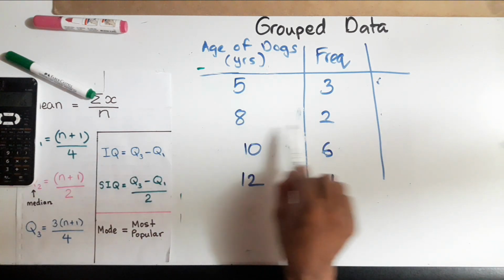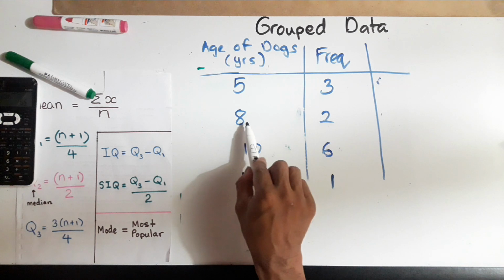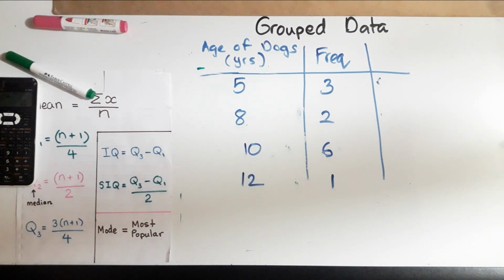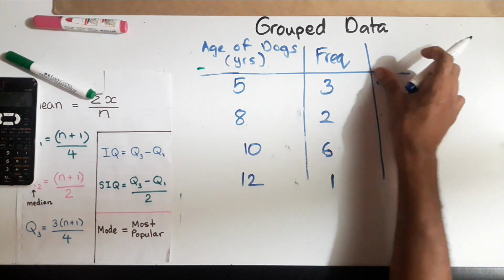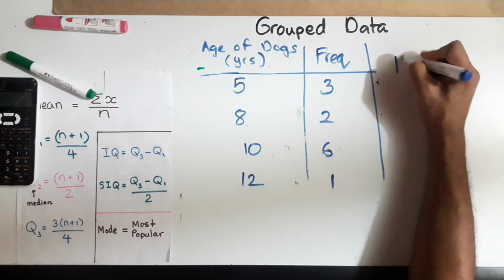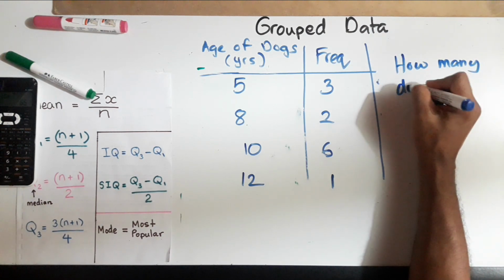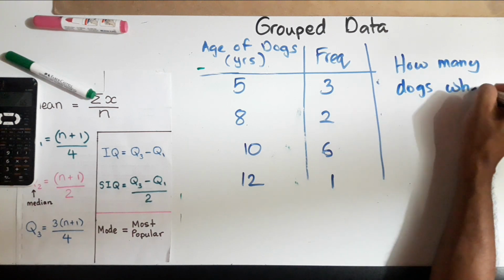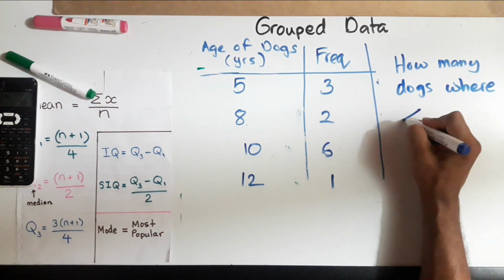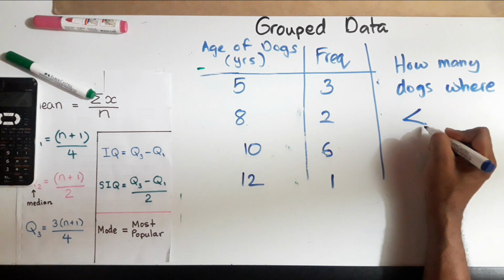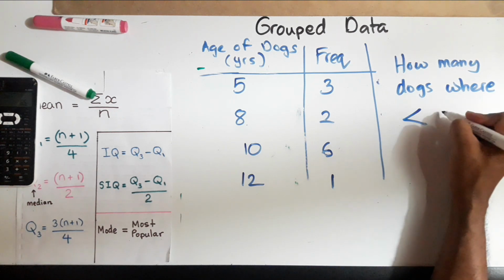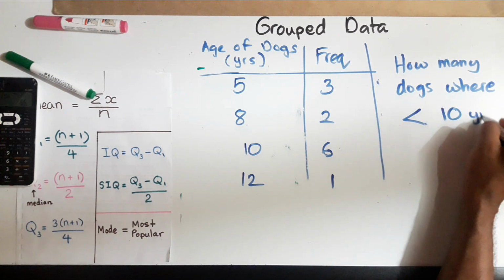So 2 dogs were 8 years old. If they ask you, how many dogs were less than, remember this is the symbol for less than, right? Less than 10 years.